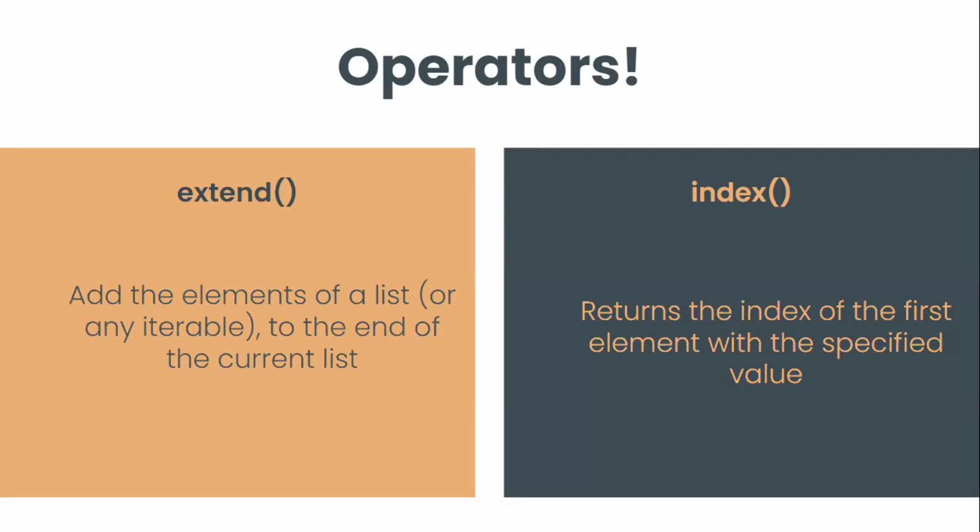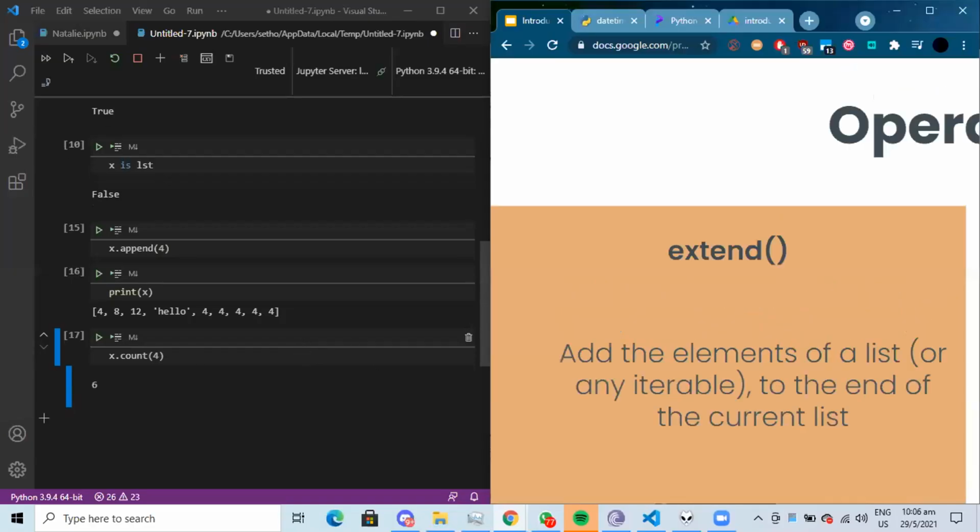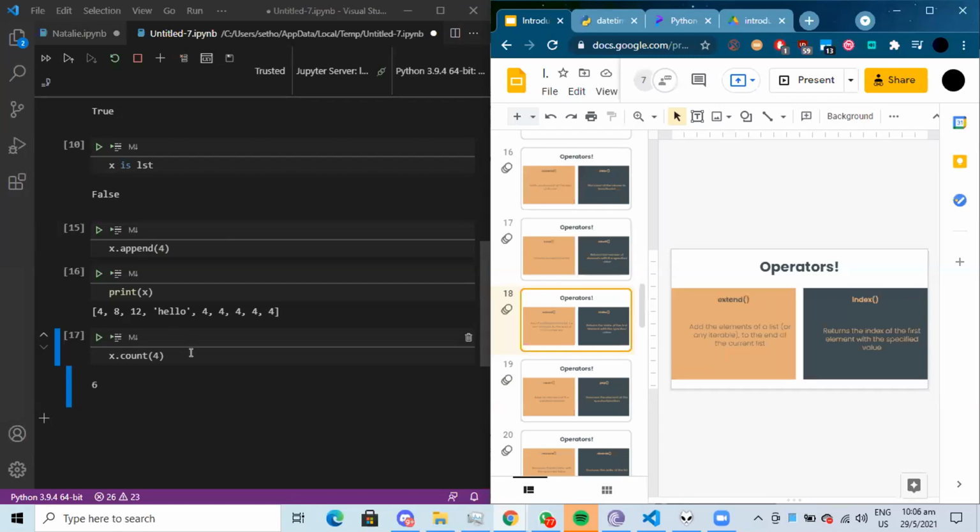Dot index returns the index of the first element of the specified value. So going back to the example here, if I do dot index 4, you return 0, and it won't return the ones at the back because it will return the first one from the start.